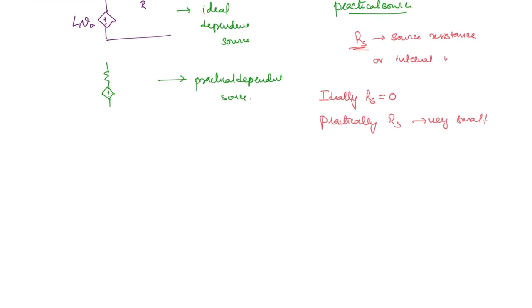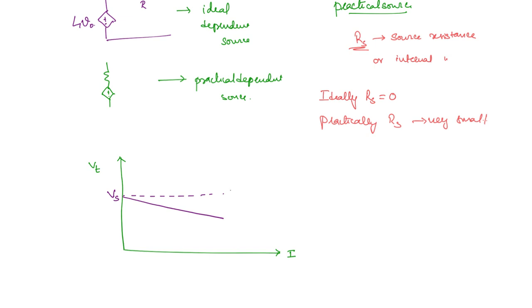Now, often it is represented by a graphical method. The current is taken here, and this is the terminal voltage, that is the voltage delivered by the source. If it is an ideal source, then Vt is going to be constant at Vs. And if it is a practical source, as current increases, the voltage will drop.